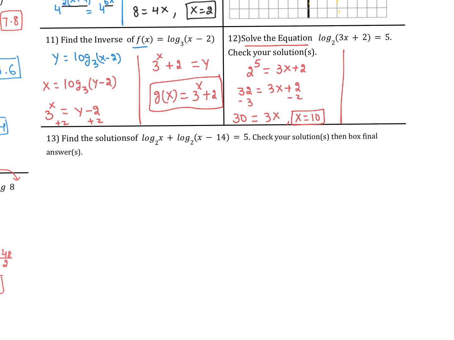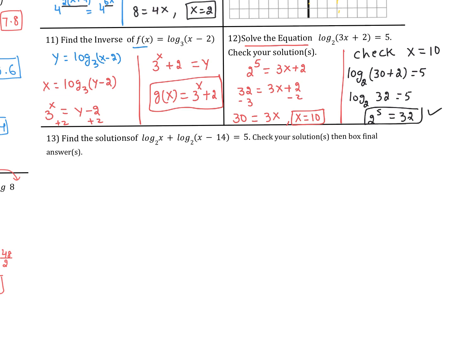After that, you're going to check the solution. x equals 10. So log base 2 of (30 plus 2) equals 5. Log base 2 of 32 equals 5, which means 2 to the power 5 is 32. So this is true.